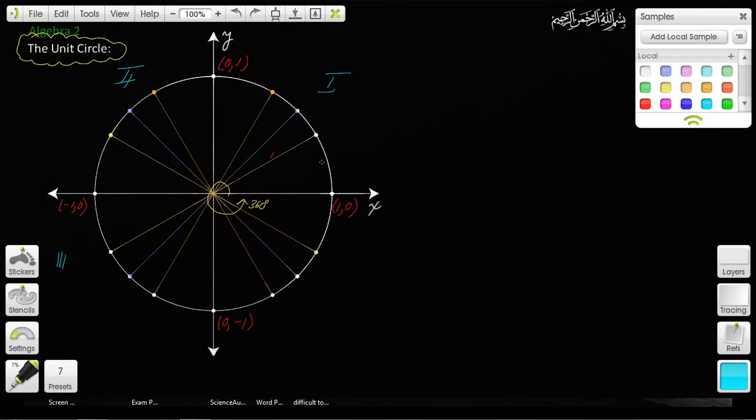Now, in terms of the angles that are in the unit circle, of course, the circle, as we just said, has 360 degrees. Of these that are in the first quadrant, there are three angles that are of particular importance to us. The first angle, from here to here, for example, is 30 degrees, okay? And then the second angle of particular importance is this one here, which is half of the first quadrant, which is 45 degrees.